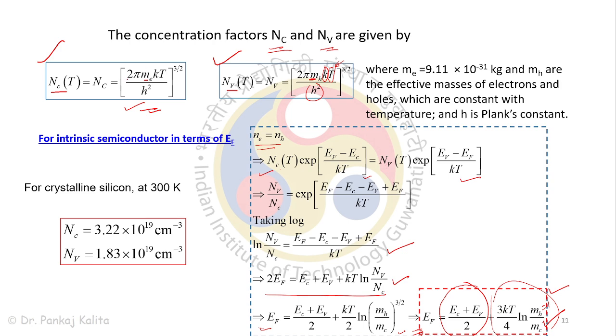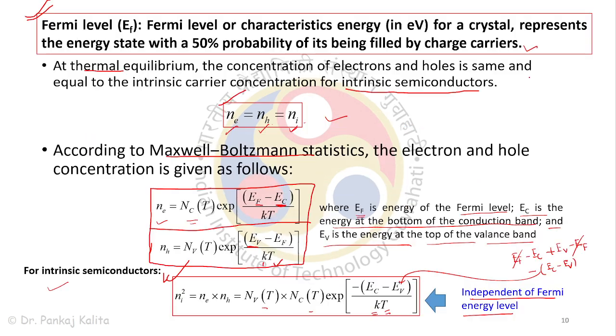The formula is the same: 2 pi me kT upon h square to the power 3 by 2, and here 2 pi mh, the mass of the hole, kT upon h square to the power 3 by 2. We know the mass of the electron is 9.11 times 10 to the power minus 31 kg, and mh is the mass of the hole. This is the formula you need to remember.